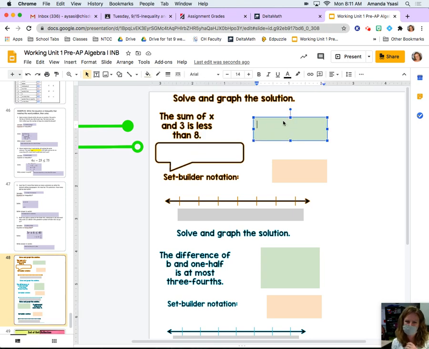So in this green, we are going to write the sum of x and 3, x plus 3 is less than 8, right? Then we solve it. You move the 3 over, and you end up with x is less than 5.